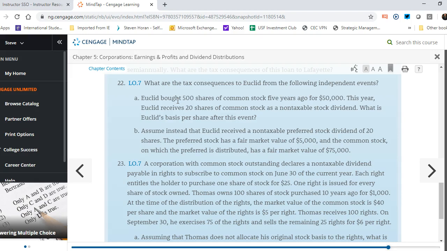So Euclid bought 500 shares of common stock 5 years ago, and the price was $50,000. This year they received 20 shares as a non-taxable dividend. What's the basis per share after the event? Obviously, we can all do the mental math: 50,000 divided by 500 is $100 per share. But now we have 520 shares.